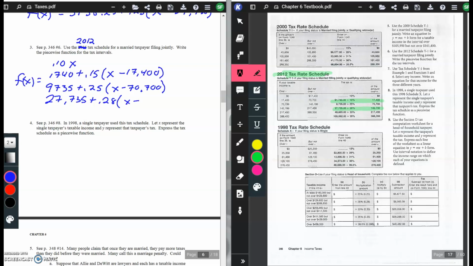So X minus $142,700. And then just to sum up our last one, we'll skip ahead a little bit. Our minimum tax is $105,062, plus 35%, or 0.35, of the dollar amount over $388,350.